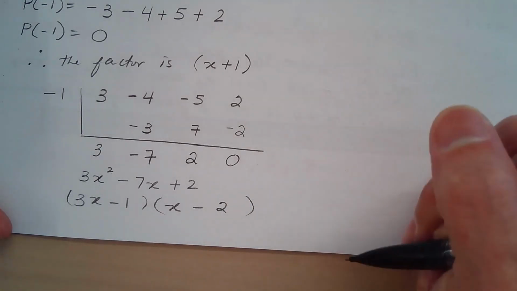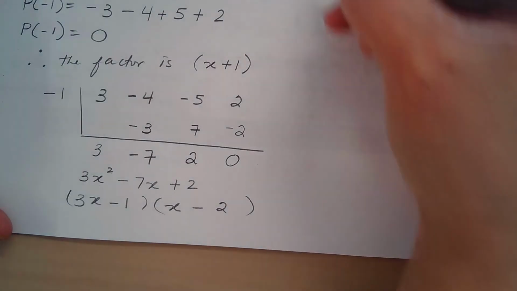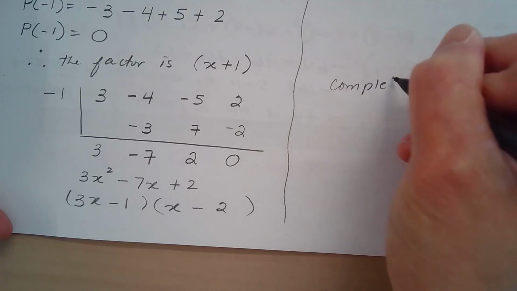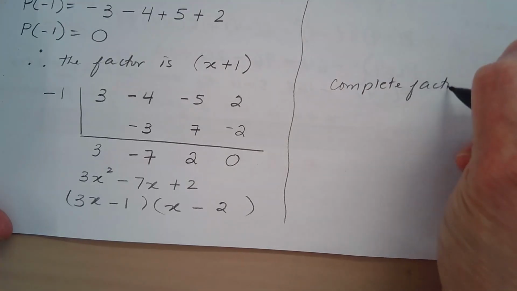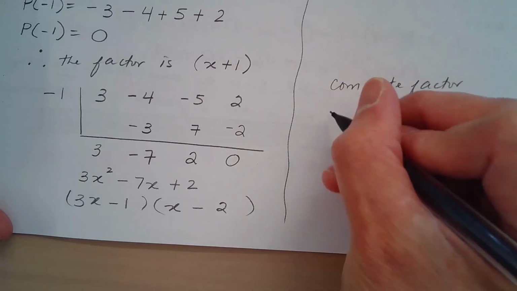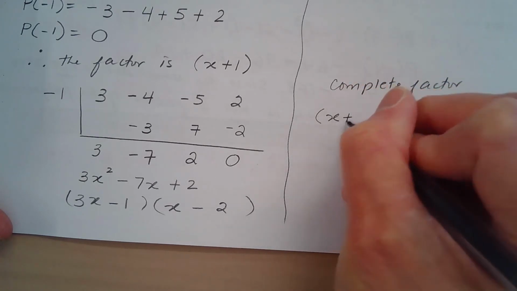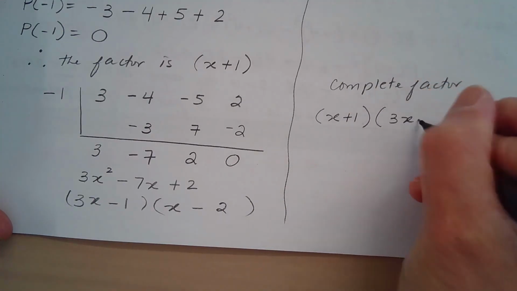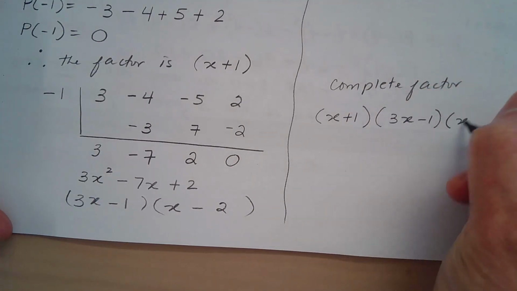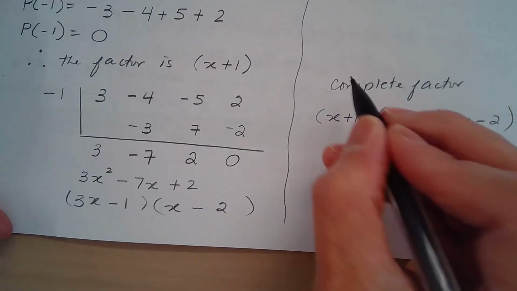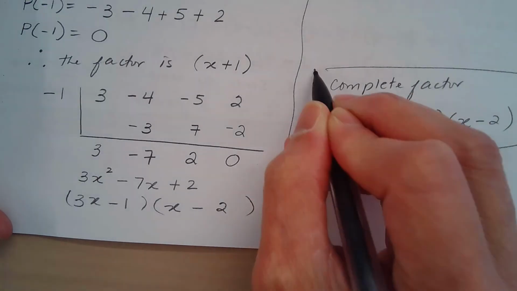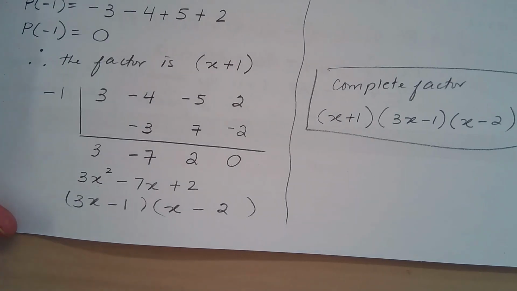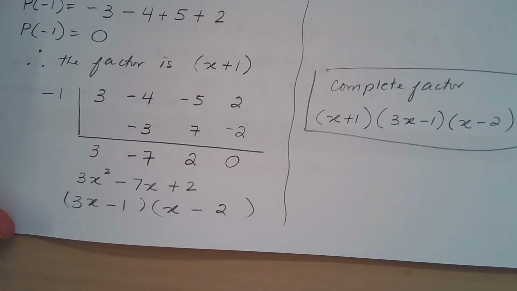So the complete factor of p of x would be x plus 1, 3x minus 1, and then x minus 2. That's a complete factor. I'll give you a moment to copy that down.